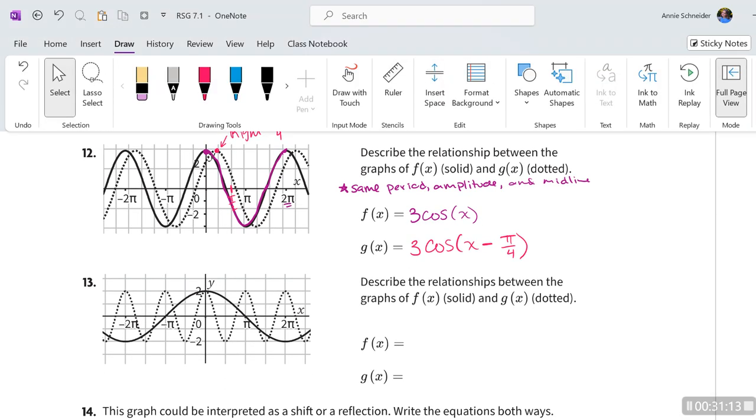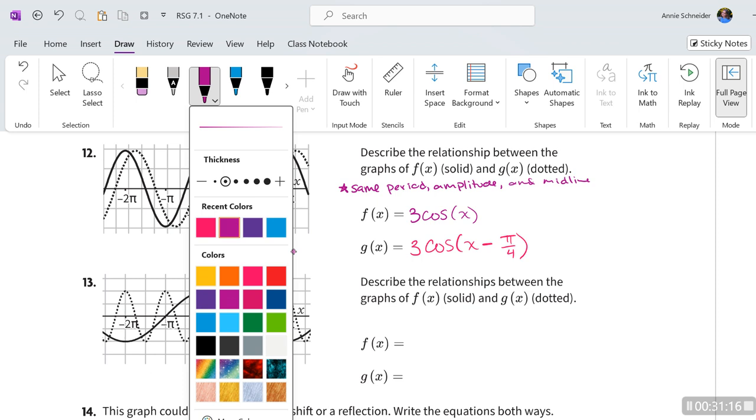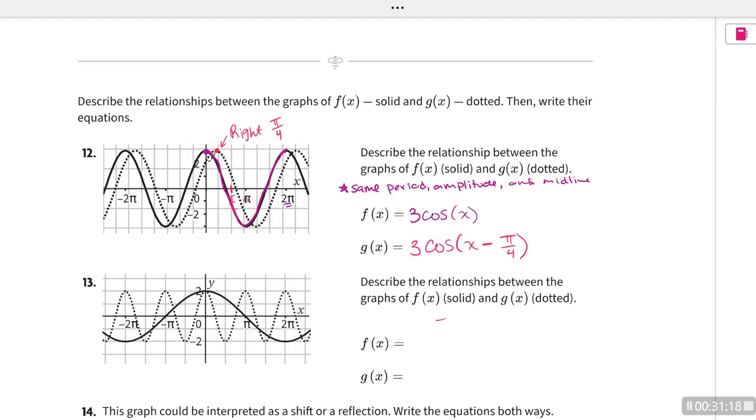Okay, question 13. If we look at 13, it looks like the things that are the same are the amplitude and midline. And even the phase shift, because they're both starting at maximum here. But this cosine, this first one, we're starting at 0.